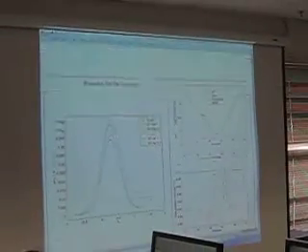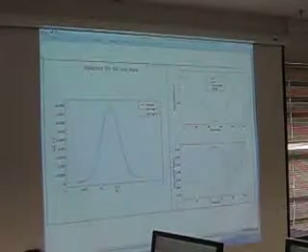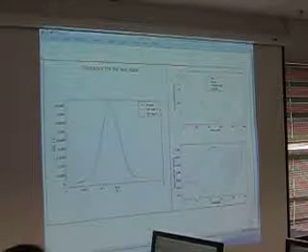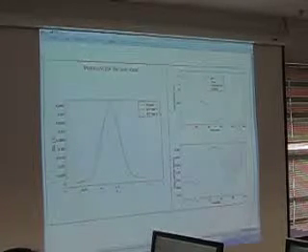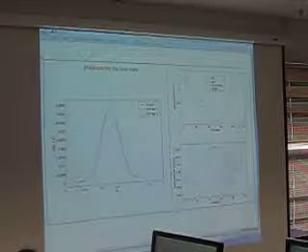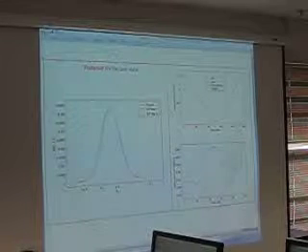Some results of using EP. The black one here on the left side is the exact value.